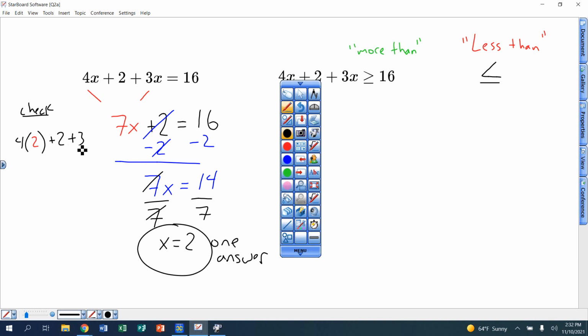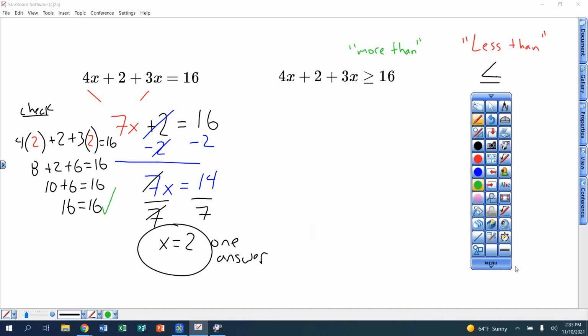So if I plug in 2 into both those places where x is, I should be able to see if that's 16. 8 plus 2 plus 6, that should be 16 if I did it right. That gives me 10 plus 6, and yes, I can see that does give me a true statement. That proves that that answer is a solution to that equation.